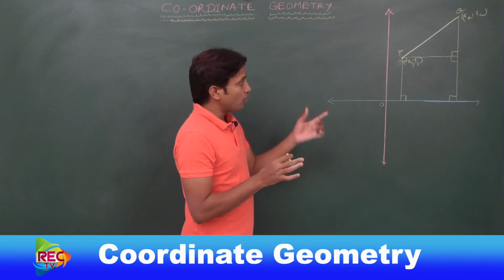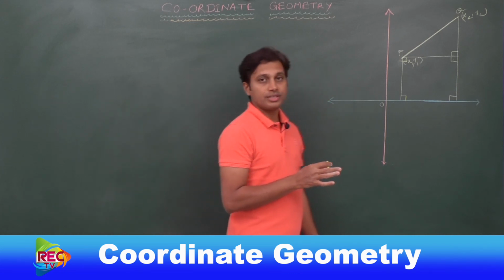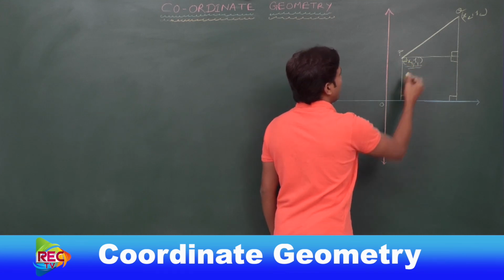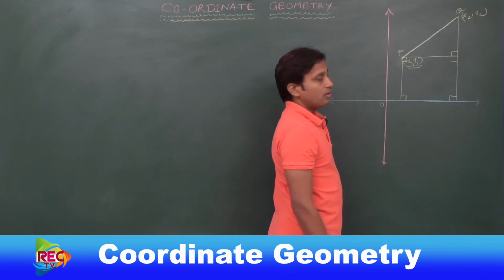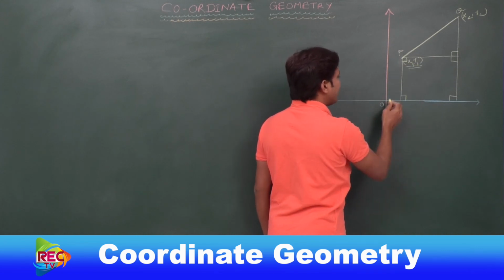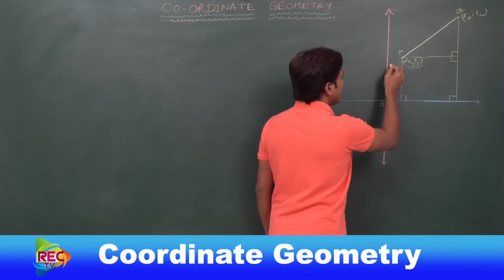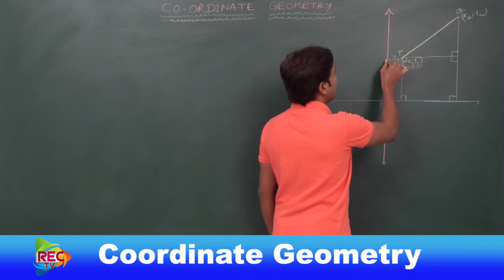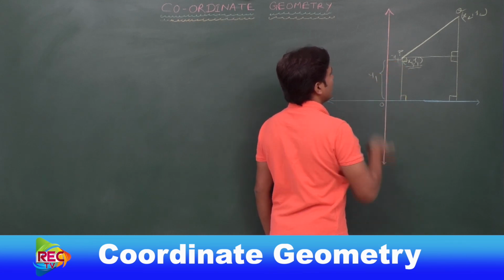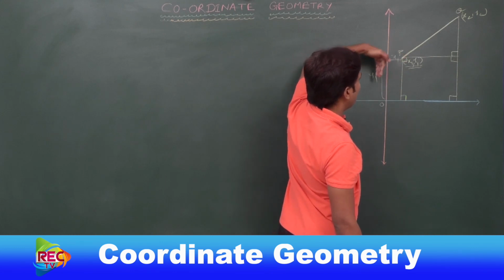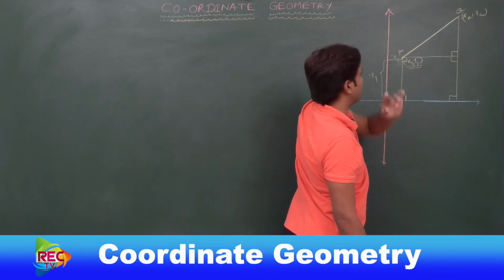Understood? So here this is clear. Now try to locate the distances of the coordinate points. What does x1 y1 mean? This point is at a distance of x1 units from here and y1 units from here. From the x axis it is at y1 distance, from the y axis it is at x1 distance.